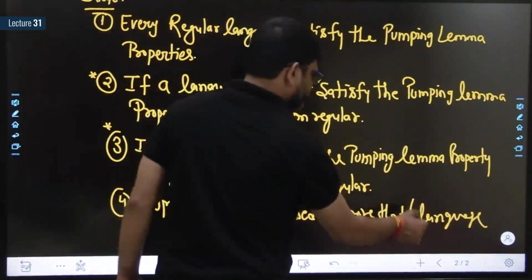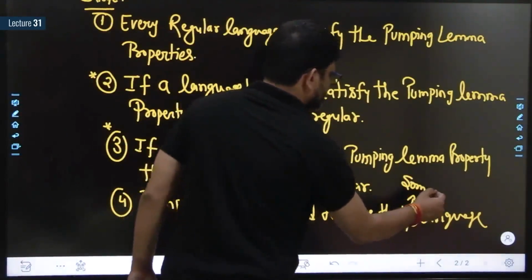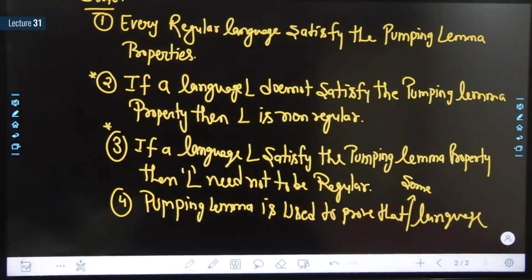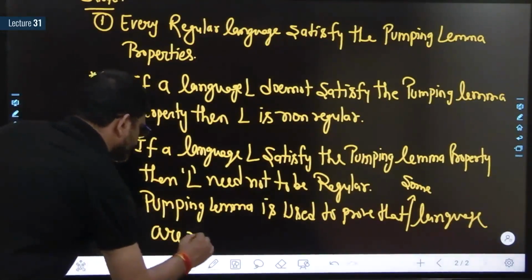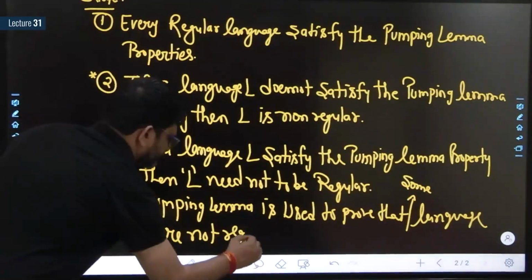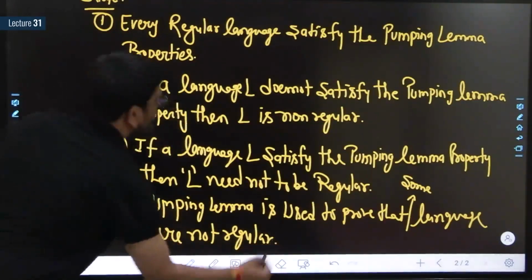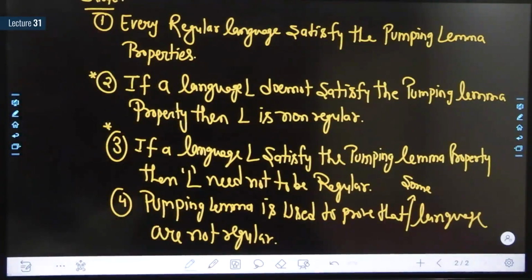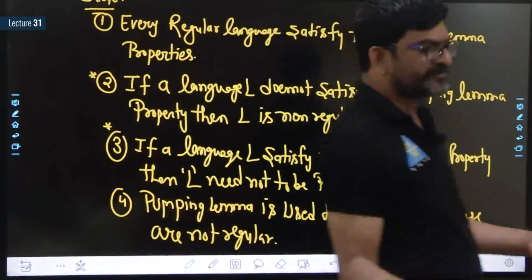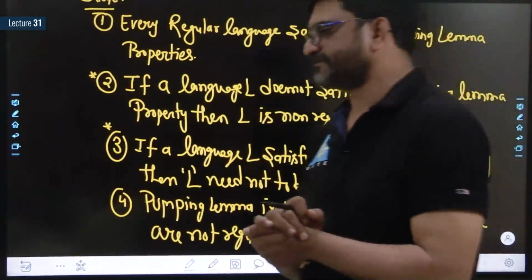Some languages are not regular. Clear? These are the notes for the pumping lemma. It is a negativity test. Pumping lemma checks that the language is not regular. Clear? Now, see one example.